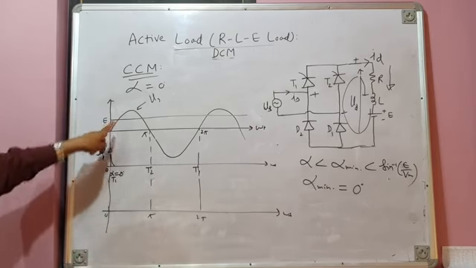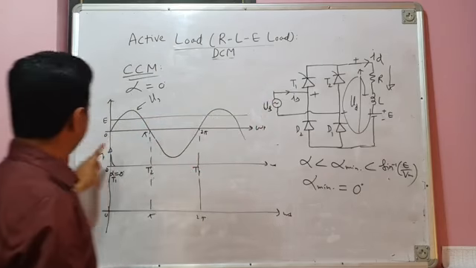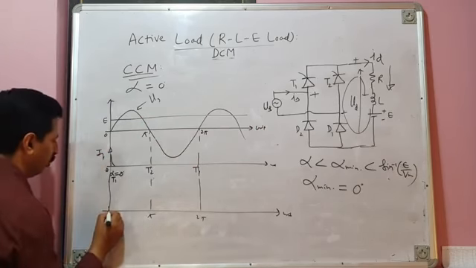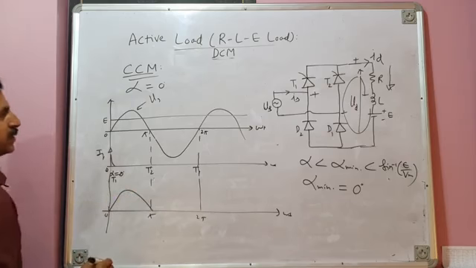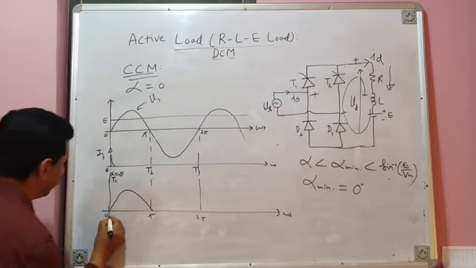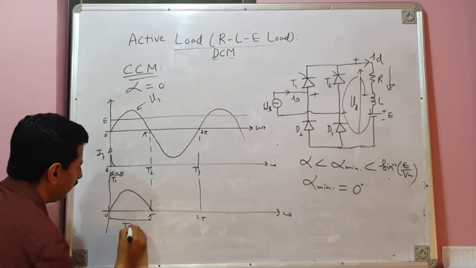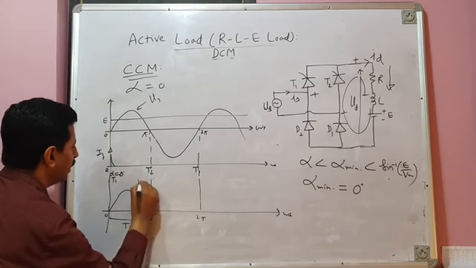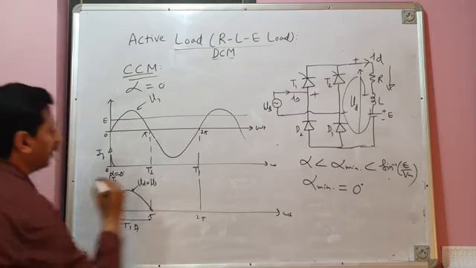Since you are firing thyristor T1 right at alpha equal to 0 degree, the full positive half cycle of voltage will appear across the load. T1, D1 will conduct during this period, and load voltage is the same as the positive half cycle of source voltage.